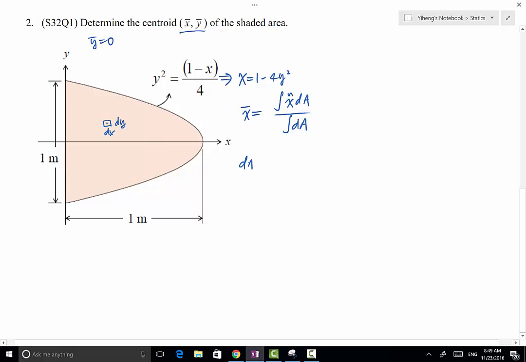Therefore, dA equals dx times dy. But this way, I have to integrate with respect to two variables, x and y. So to avoid doing that, I would want to choose a differential element that is a strip, either a horizontal strip or a vertical strip. So I'm going to choose my differential element to be a horizontal strip.